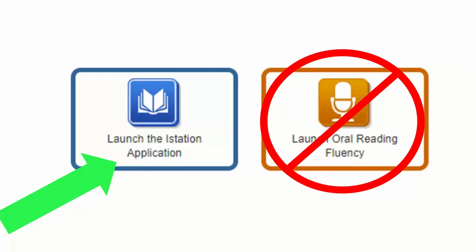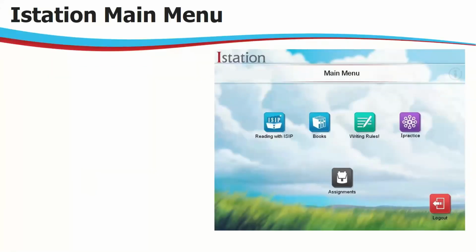However, the district has made the decision as of right now to inactivate the oral reading fluency assessment for students. That is a decision that they have made, and it will be accessible to students later in the year, but they haven't made a decision as to exactly when that will happen. So right now that is an inactive button, but they can click Launch the iStation application and it will take them to the iStation main menu.